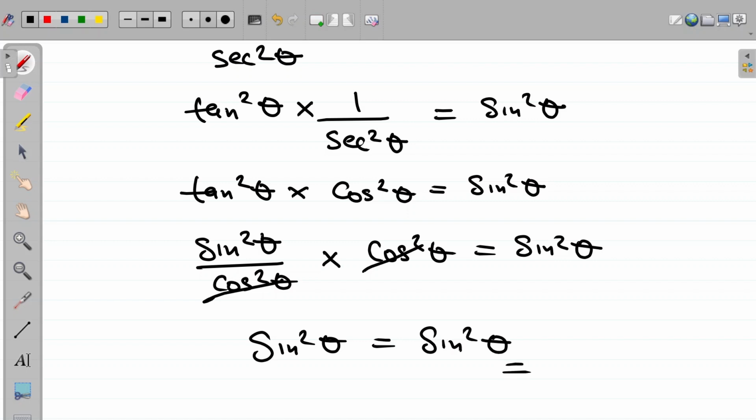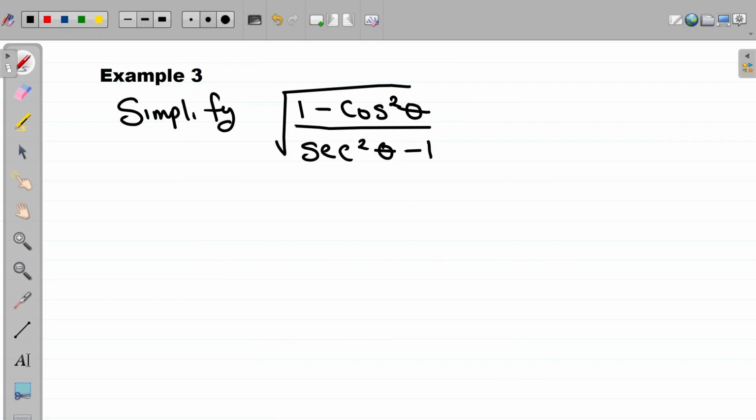Let us consider example 3. Example 3 says, simplify 1 minus cos square theta divided by sec square theta minus 1, all in square root.